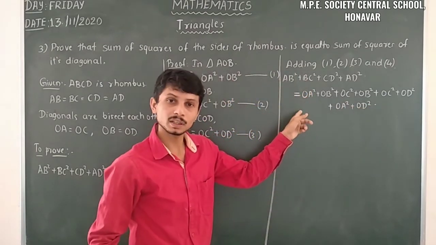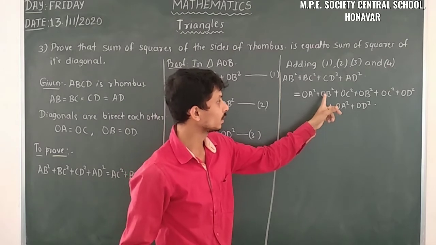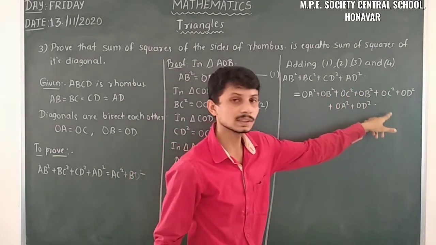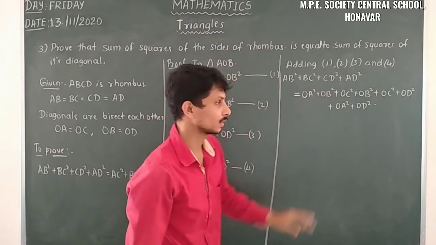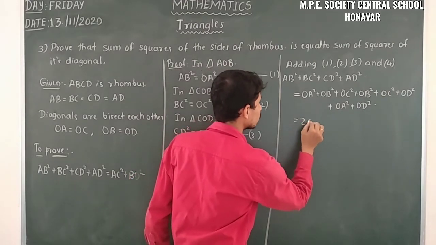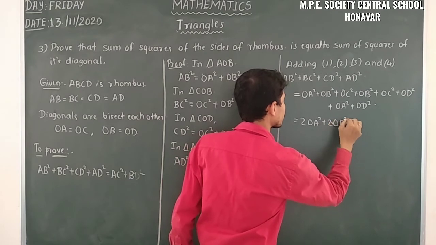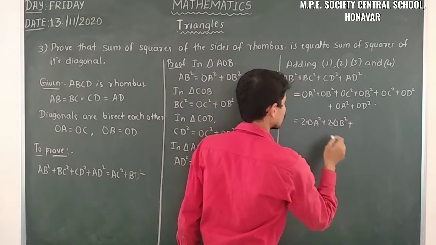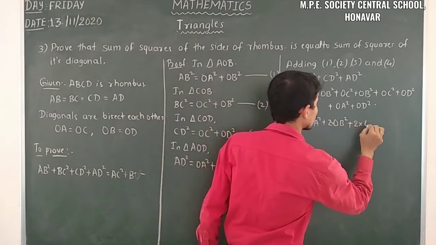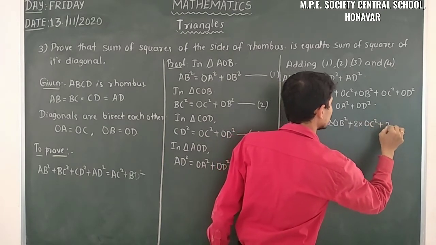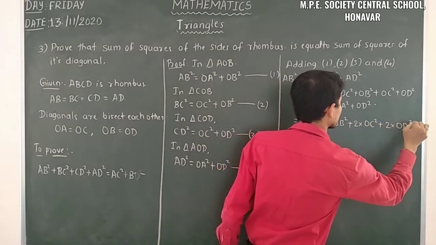Here just observe how many OA square is there. 2 OA square is there, 2 OB square, 2 OC square, 2 OD square. So we can write 2 into OA square plus 2 into OB square plus 2 into OC square plus 2 into OD square.